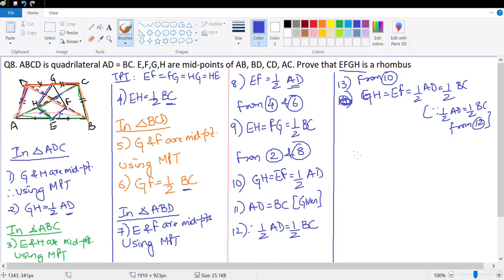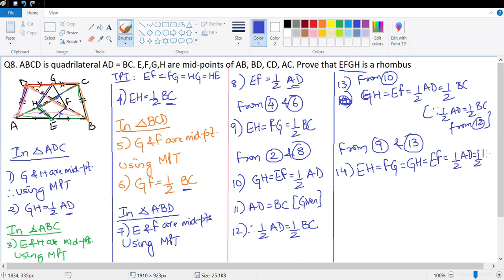GH is equal to EF, and from 9 and 13 I get number 14, which is EH is equal to FG is equal to GH is equal to EF, which is equal to half of AD, which is also equal to half of BC.